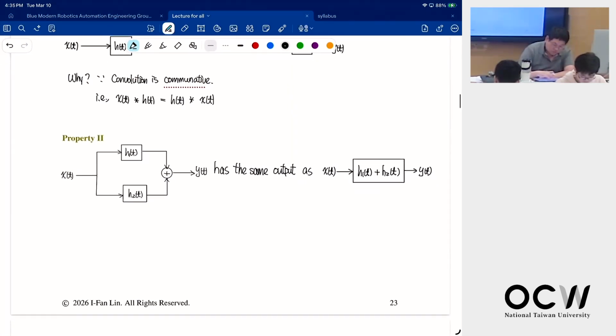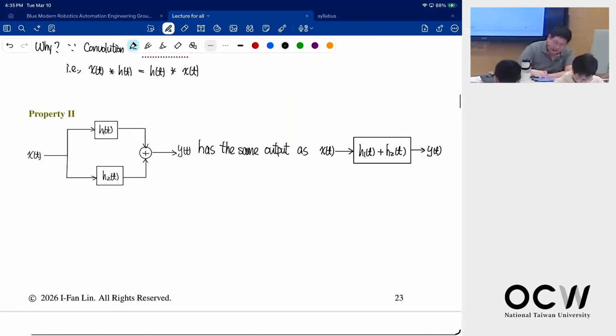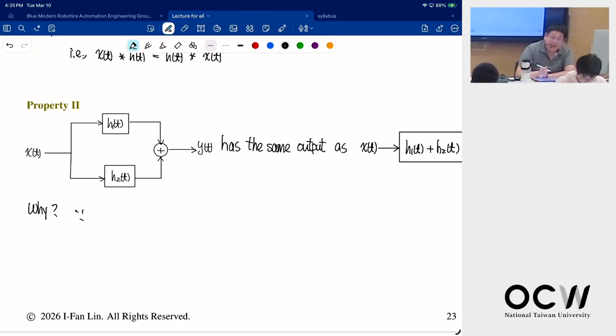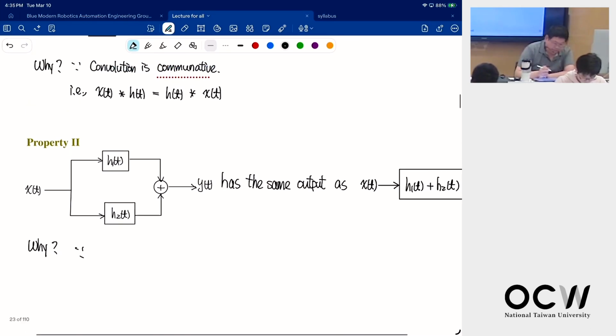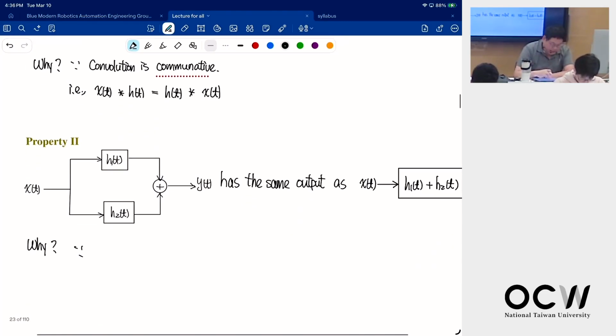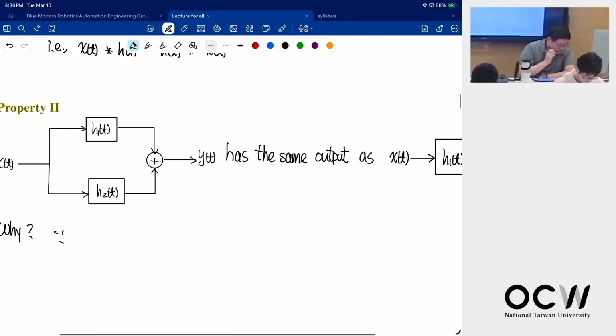Also, why do they have the same output? Think about the convolution again. Convolution is commutative, so they switch the input and system, they have the same output. And then convolution is distributive.